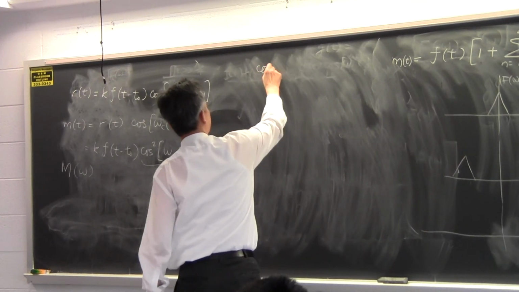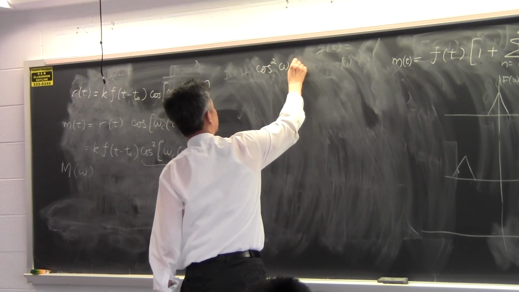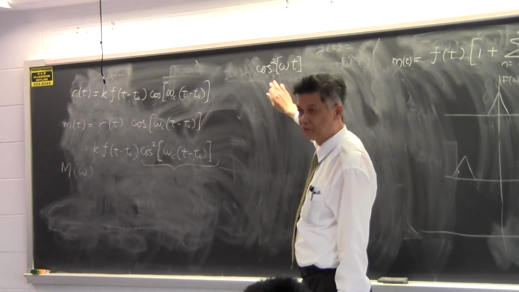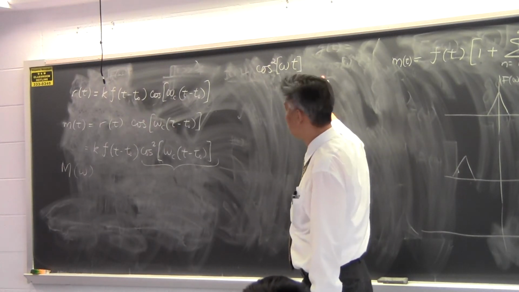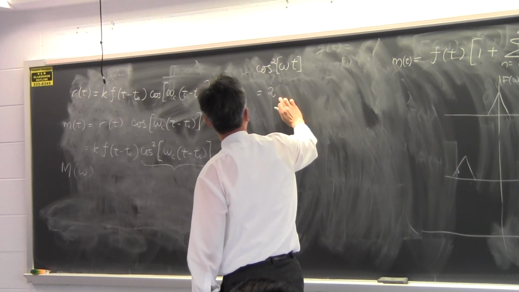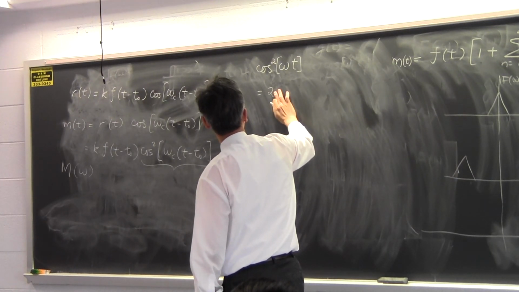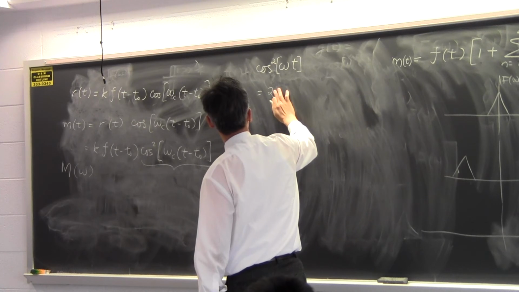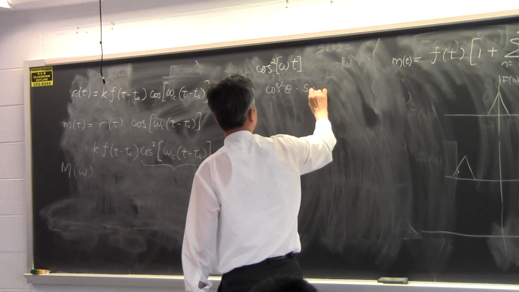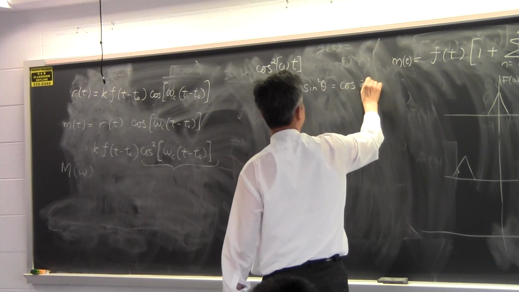If you use a trigonometric identity, what is cosine squared of omega t? You don't know how to find the Fourier transform of this, but you know some simpler form. What is the trigonometric identity to use here? I know that cosine squared theta minus sine squared theta is equal to cosine of 2 theta, right?